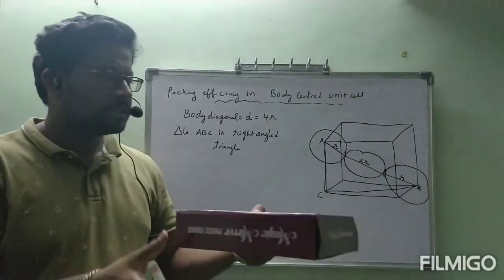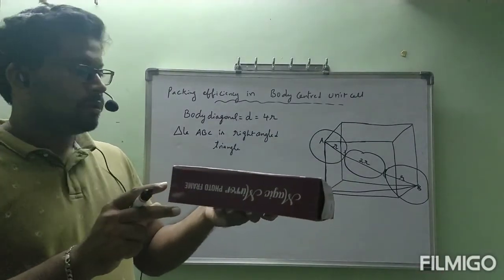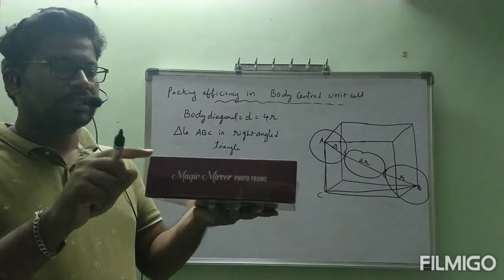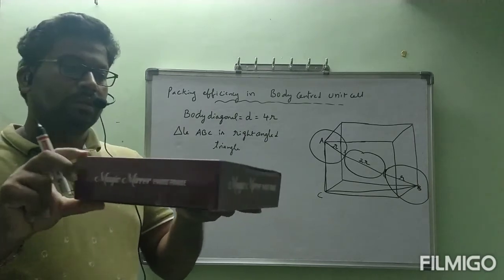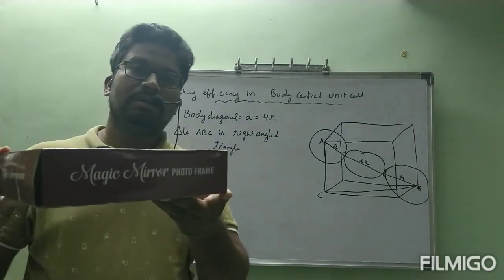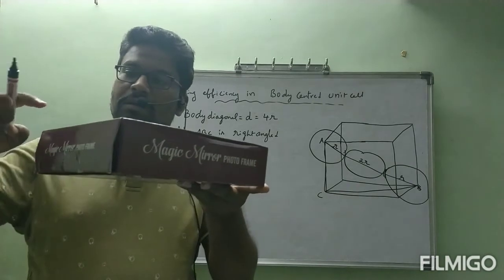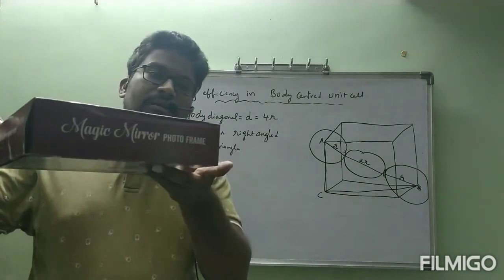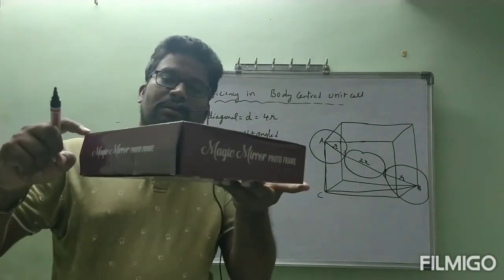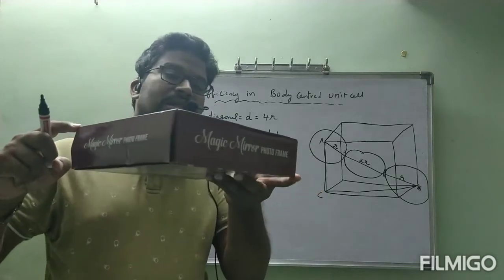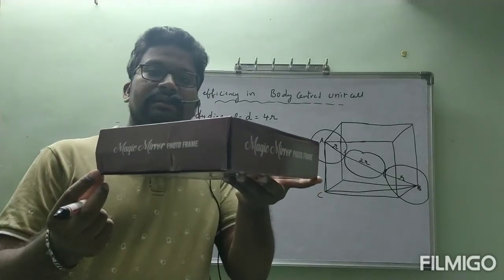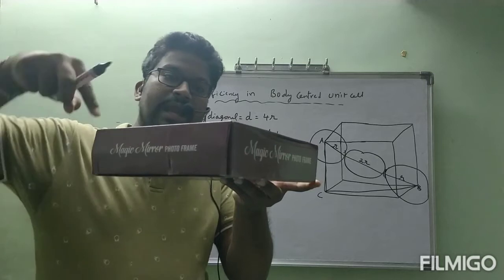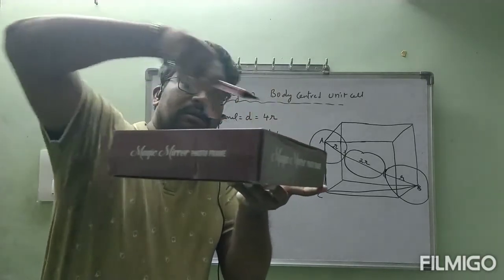I will show for you. See here, I took from this corner to this corner. This corner A, this corner B, and this corner C. Now I joined A and B through the body diagonal.